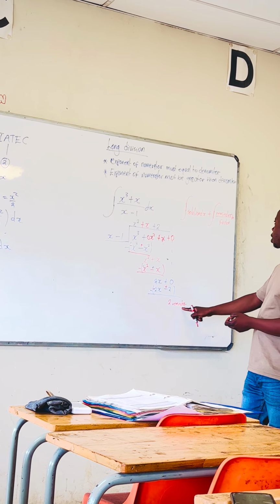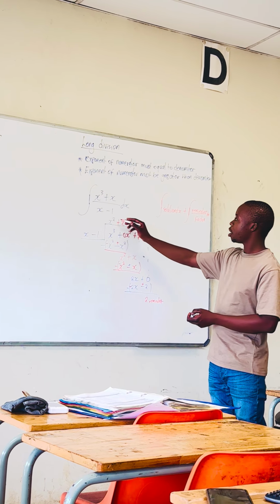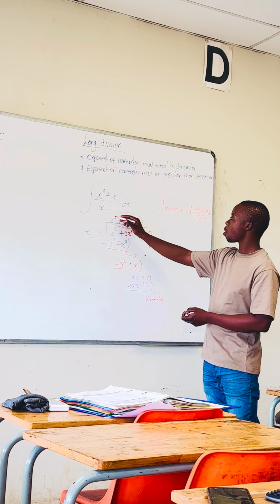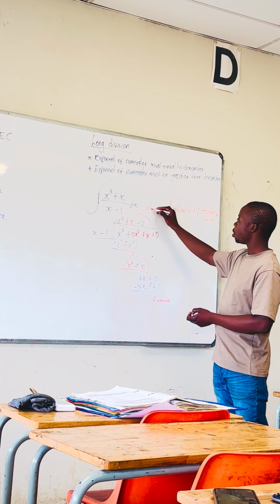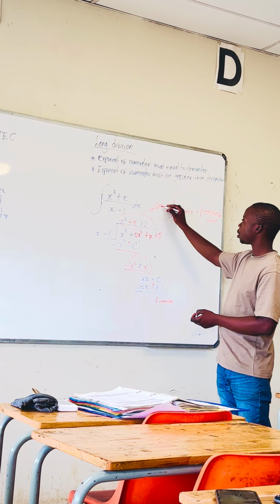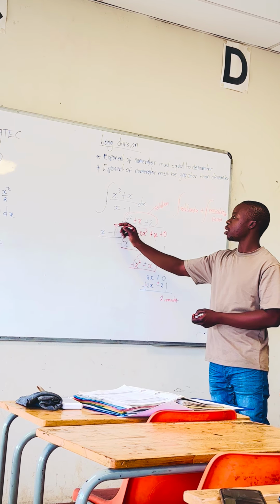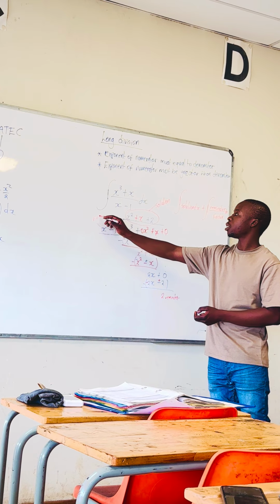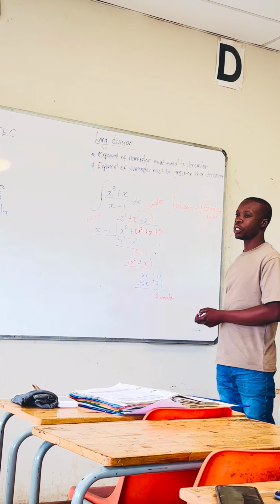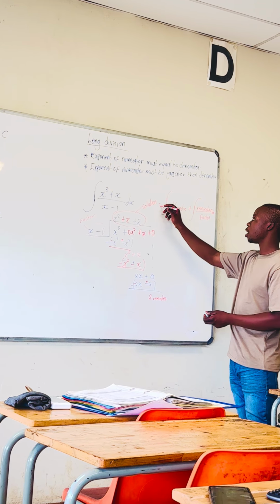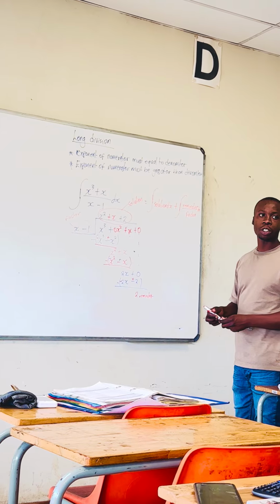The solution is our quotient, so we call it solution or quotient. And then the divisor is this one. So that's the formula on how we're going to integrate when working with long division.